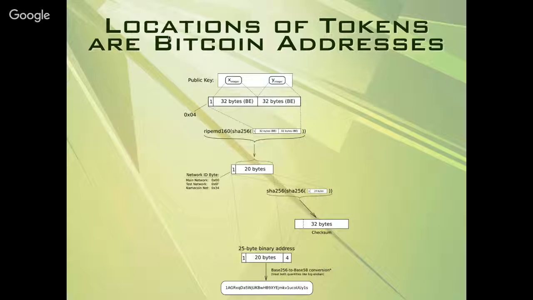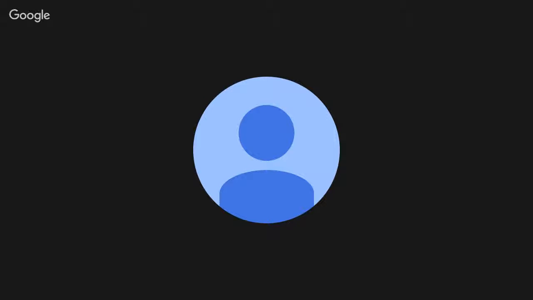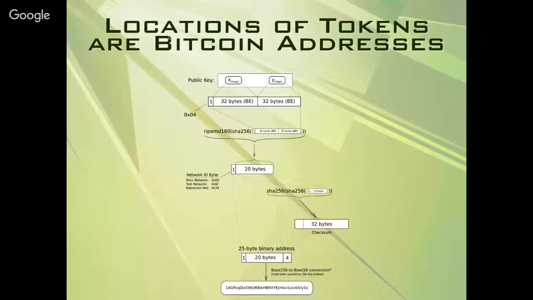That's right, you add the checksum, the last 4 bytes. Then you convert it, and that gives you this alphanumeric string, which represents these 25 bytes.